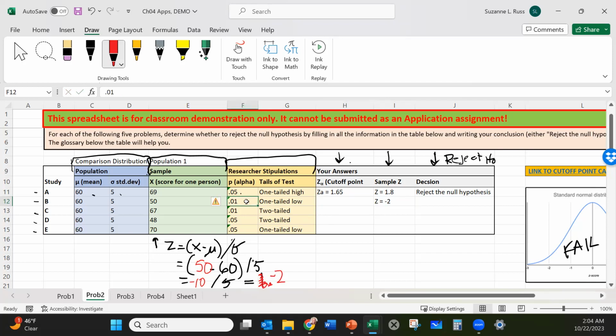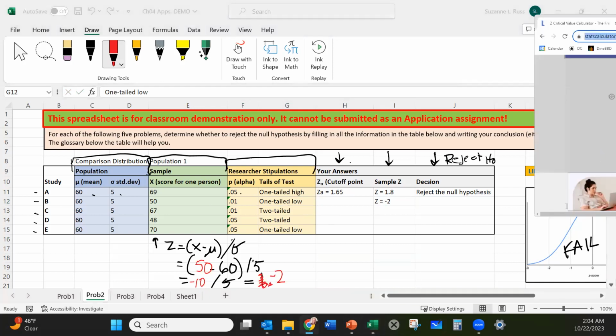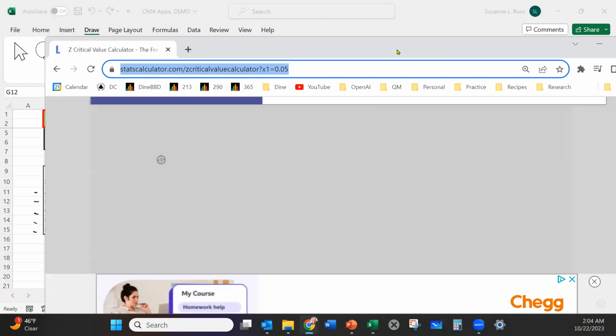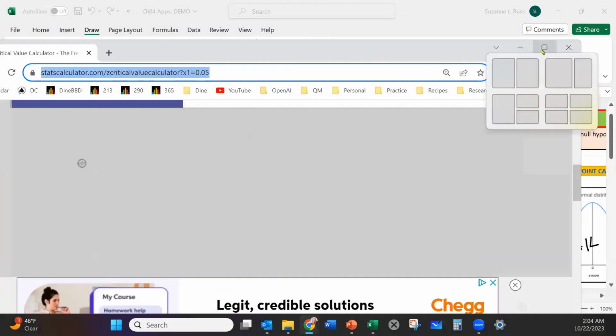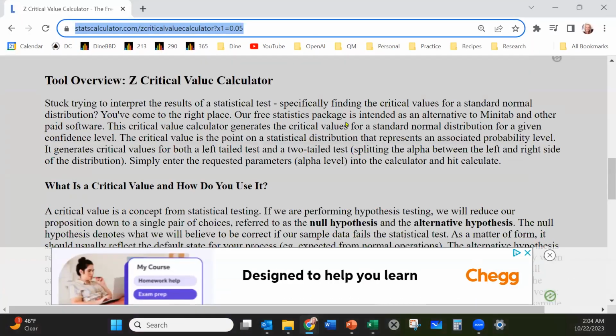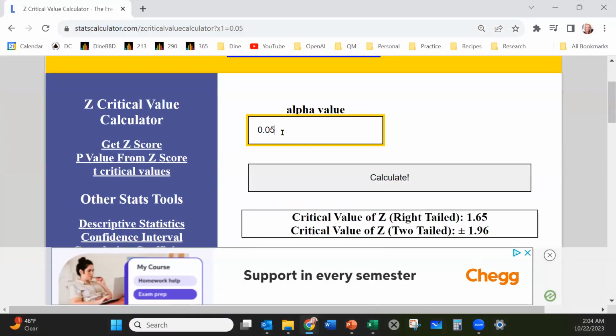We have an alpha of 0.01 in a one-tailed low test. So let's grab our online calculator tool for the Z cutoff point. And here we go. And let's change that to 0.01. This researcher only wants a 1% chance of making a mistake.